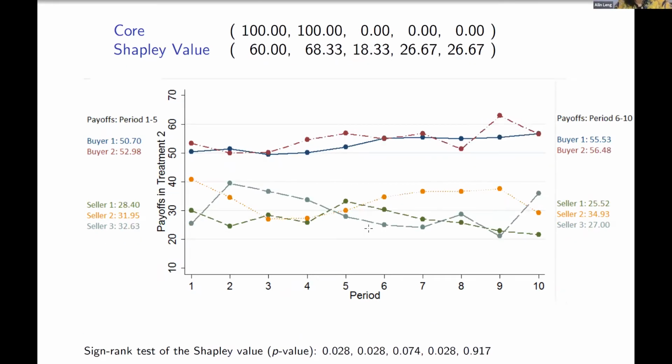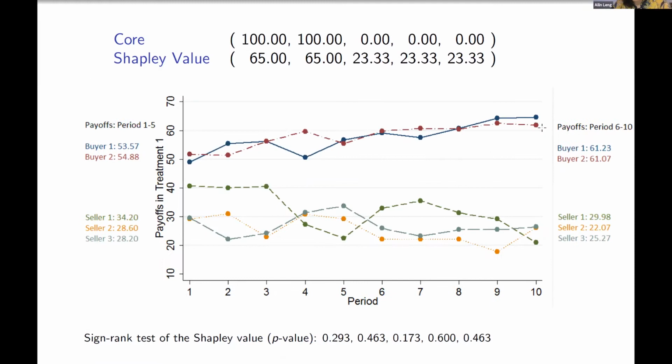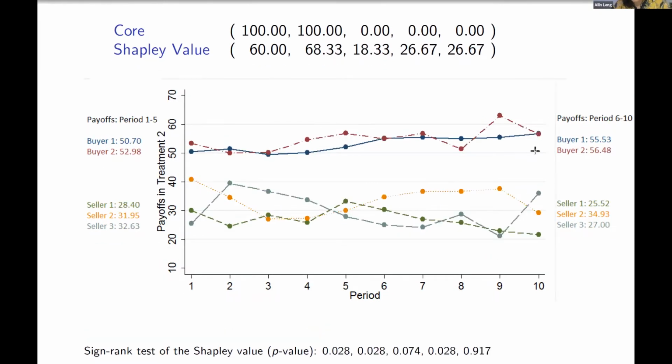And in the second treatment, the trading barrier is imposed on buyer 1 and seller 1. It looks like the trading barrier has decreased both buyers' payoffs, because before they reached above 60 points, now it stays below 60 points.